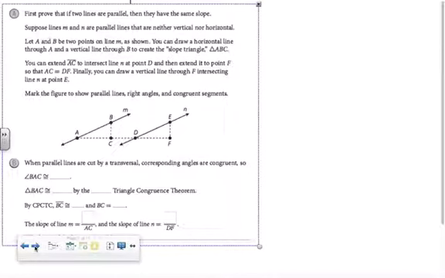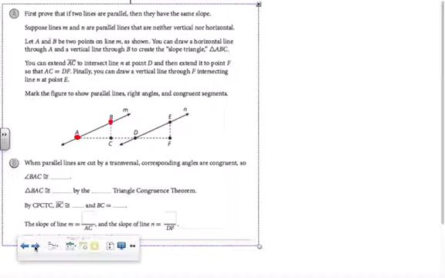We're starting with lines M and N being parallel lines that are neither vertical nor horizontal. Then we pick two points A and B on line M and draw a horizontal line through A. Notice how doing that creates a triangle.